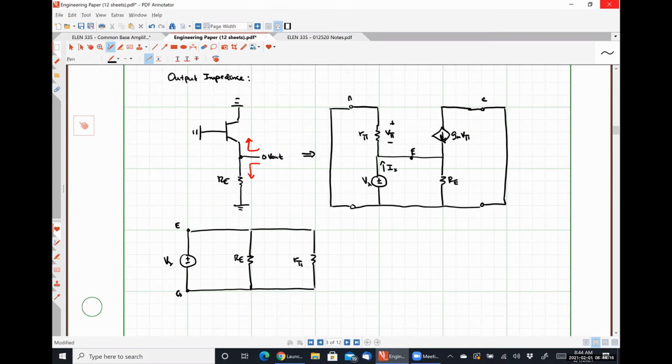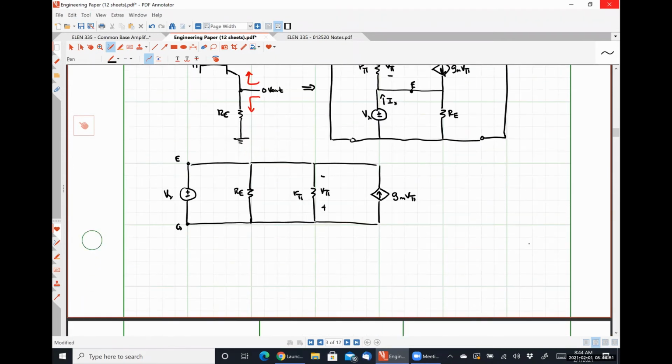And the positive polarity terminal is connected to ground. The negative polarity terminal is connected up here. So this is my definition for V pi. And then in parallel with that, I'm also going to have my current source, where my current is flowing from the collector, which is shorted to ground, to the emitter. So that's why it's flowing in the direction indicated. And here we have GM V pi.